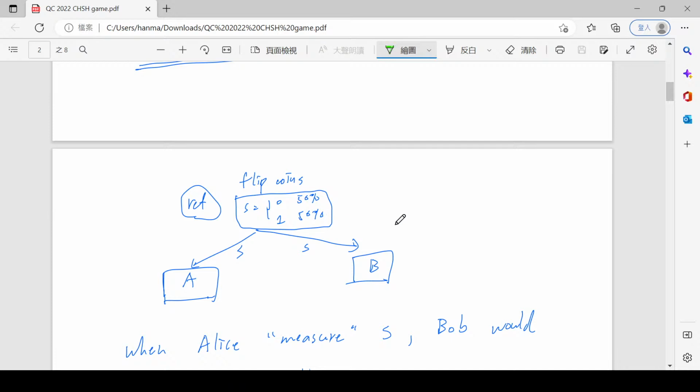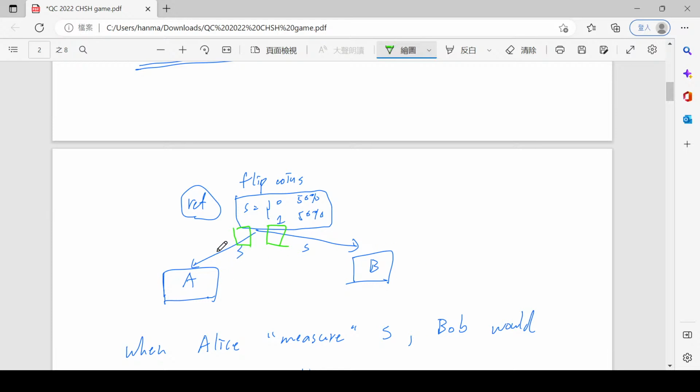You can have some referee flip a fair coin, heads with 50% and tails with 50%, and write down the result as some number S. The referee writes S into 2 sealed envelopes and sends those envelopes to Alice and Bob.